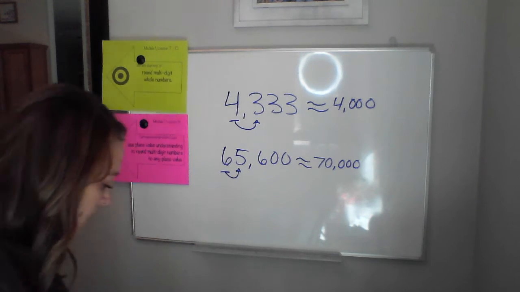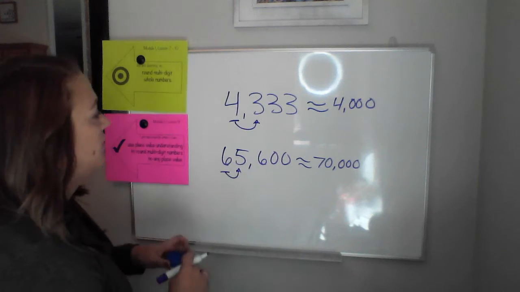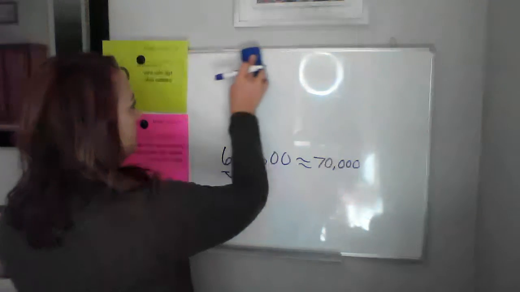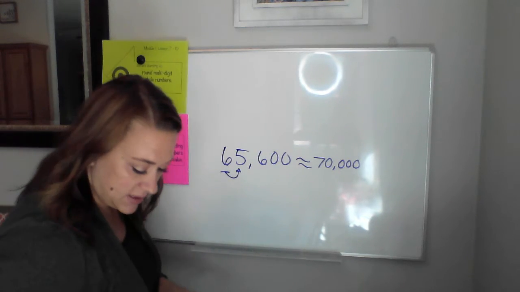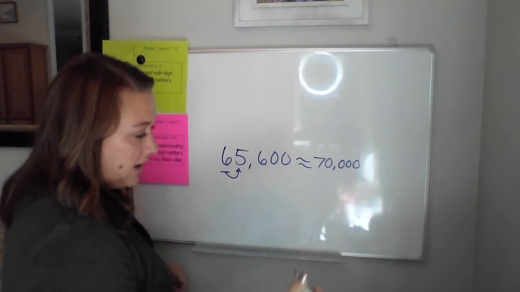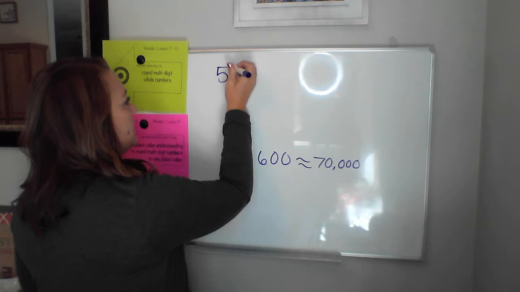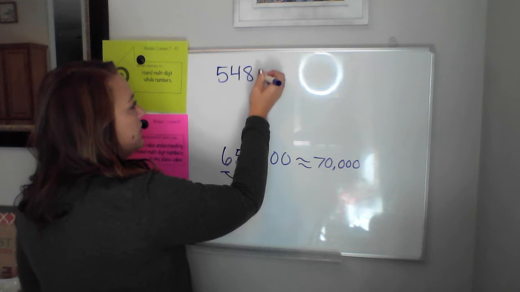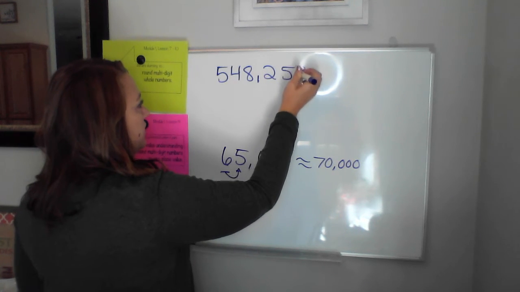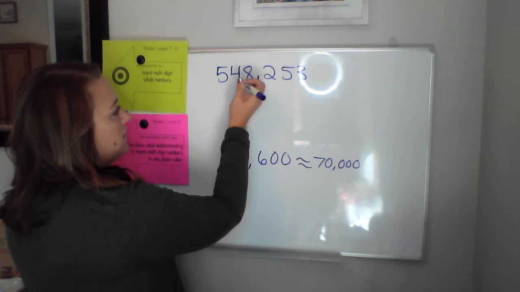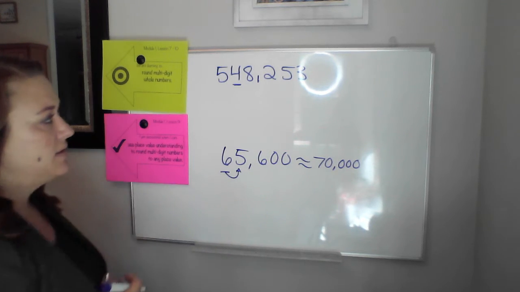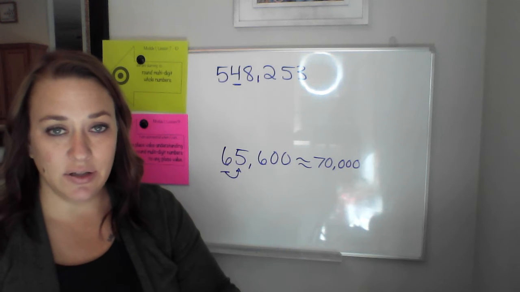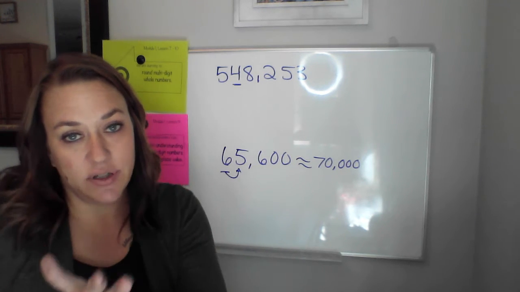Okay. And this is true for any place value. So if we round to hundreds, if we round to 10,000s, 100,000s, the rules stay the same. So if I have 548,253, and I'm going to round to the nearest 10,000s, it's always important that you identify the place value that you're rounding to, because then you have to look to the right.